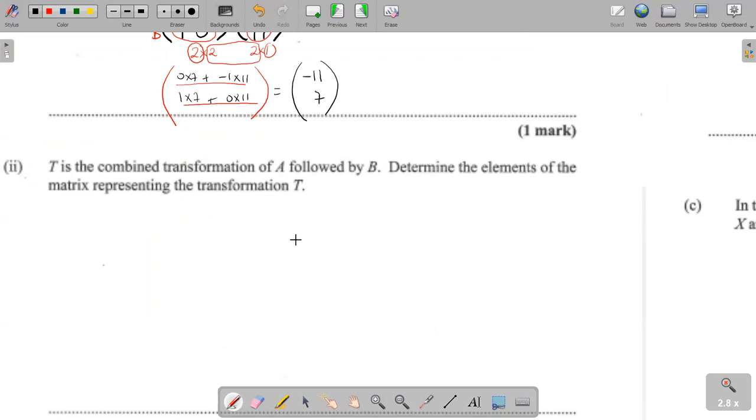Especially if you never learned this, I want you to try. If they tell you A followed by B, who comes first? A comes first, right? So if you multiply by A first and then B after, where should the B go? Would it be BA or AB? Everybody pick one.